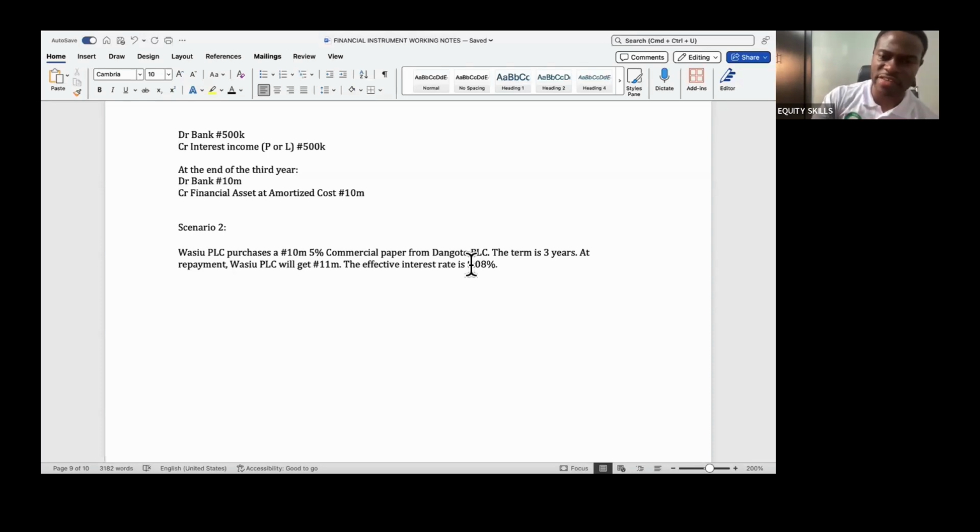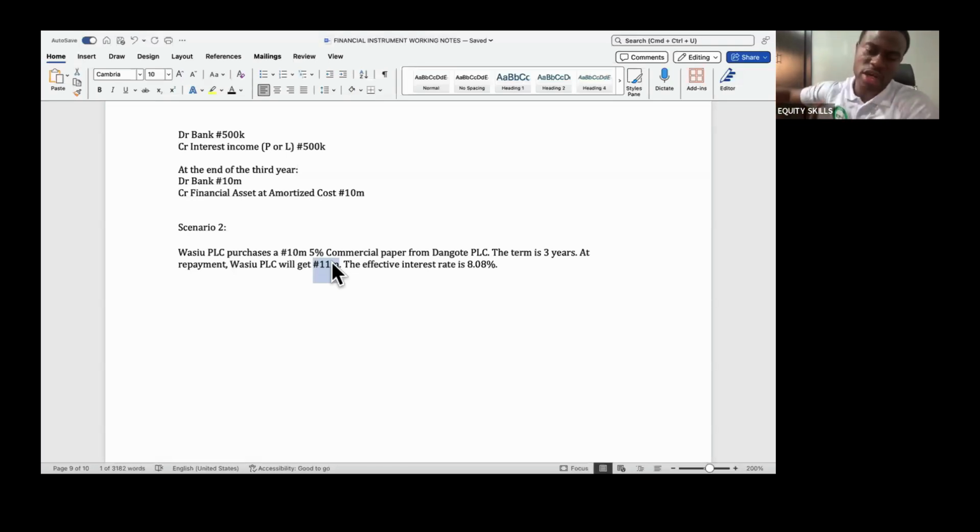And this effective interest rate that they have given to us, why are they giving it to us? The reason is this. It would be very wrong to recognize this extra 1 million that we are making, because at maturity, they will give us 11 million back. So we are making an extra 1 million in addition to the 5%.